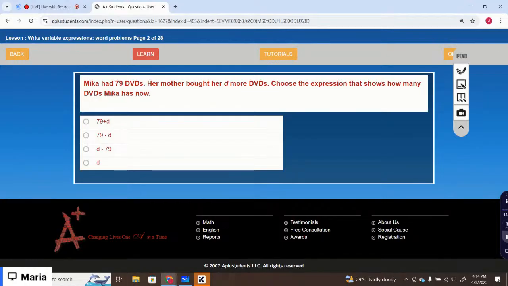That is 79 plus D. Option number one is the correct option.